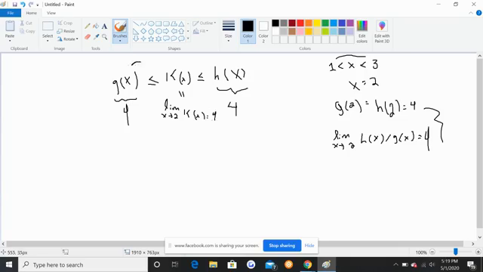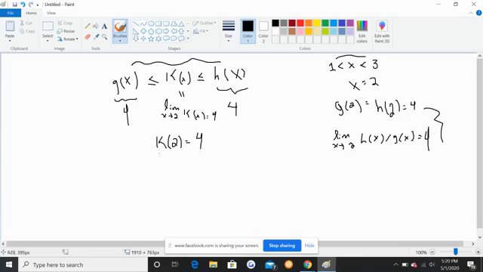Because it has to be greater than or equal to g of x, but it has to be less than or equal to h of x. So it would have to also equal 4, which also means, this is intuitive, that k of 2 will have to equal 4, right? Because it wouldn't make sense if the value of it was higher or lower.